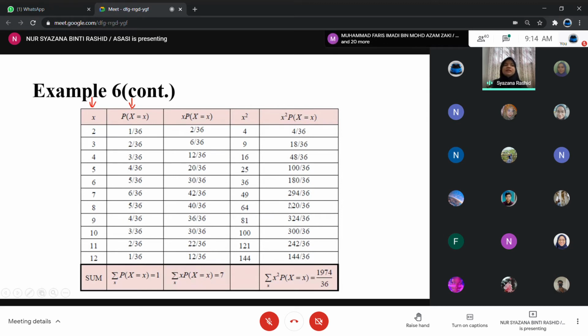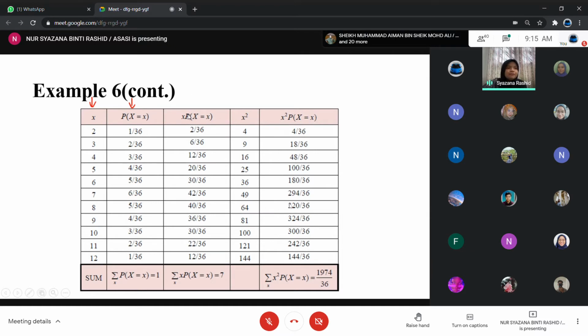Dia bergantung kepada data. Contoh macam ni kan, data ada banyak, value X ada banyak. Ada 12 ataupun kalau ada lebih. So kalau you nak buat horizontal, mana muat kan? Sebab tu you kena buat vertical. Okay, so dekat sini tadi ni sedia ada. So kita tambah lagi 3. Yang ni XPX, X square and X square PX.